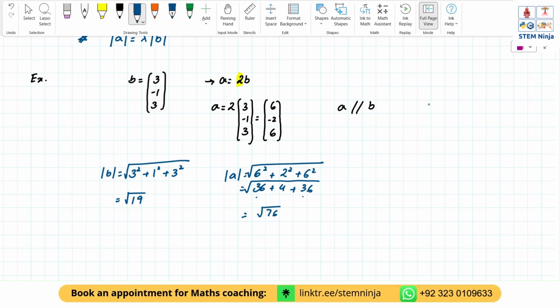Now, we're familiar with the IGCSE rules. We can figure out common factors. So 2, 38, and then 2, 19, and there you go.